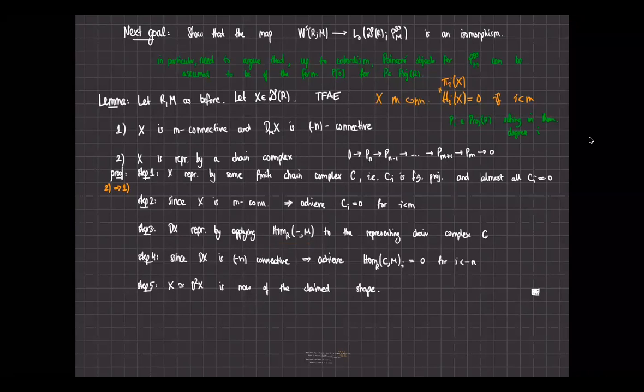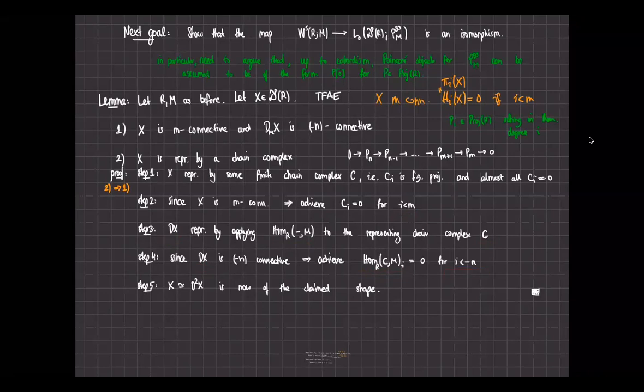So this is just a way of representing the dual of X. And now, because the dual of X is minus n connective and C had no terms in degrees less than m, if you've applied Hom to it, then things will turn around. You make the same argument for the dual of X, and achieve that these new groups can be assumed 0 for i less than minus n.